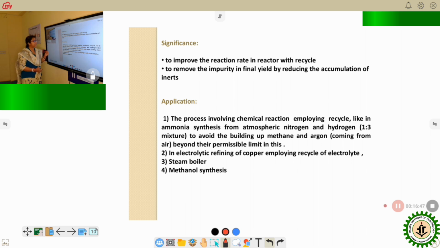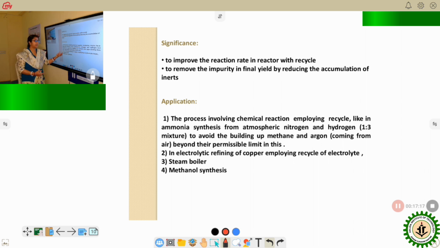And what are the applications? So many applications are there, like ammonia synthesis from atmospheric nitrogen and hydrogen. Obviously, methane, argon, this type of component can come along, and if those components are accumulated inside the reactor synthesis unit beyond their permissible limit, then what can happen?